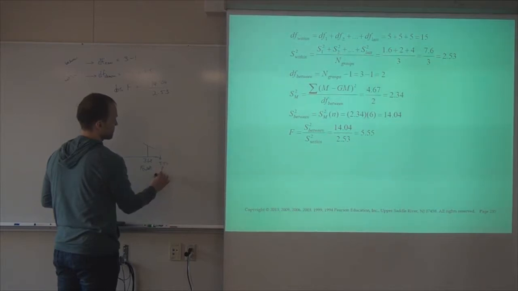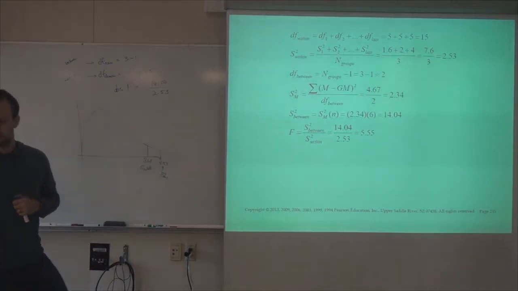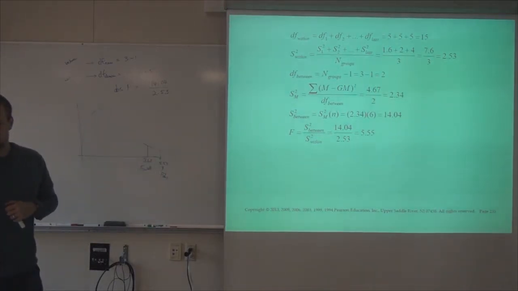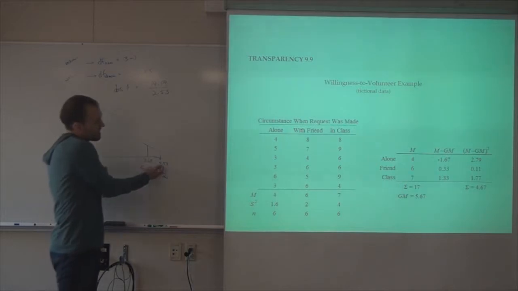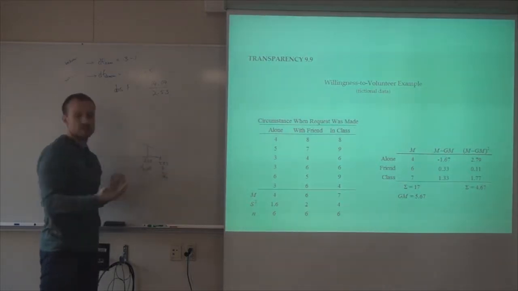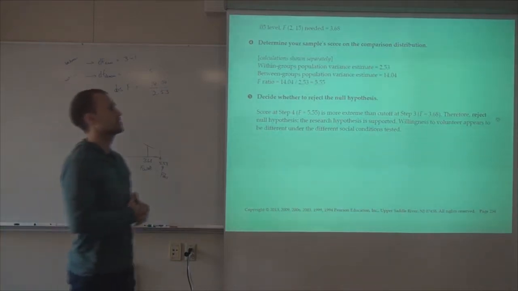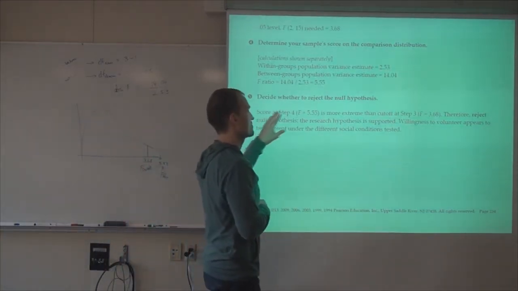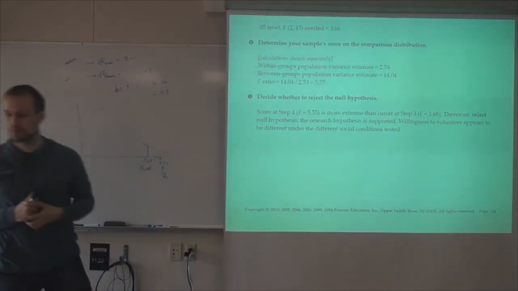5.55, that is F observed. And I compare it to the cutoff, and I can clearly see that that is extreme. The only way I'm likely to get something like this is if there is a difference between the populations, and I can conclude to reject the null hypothesis in favor of the research hypothesis. The evidence supports the research hypothesis.